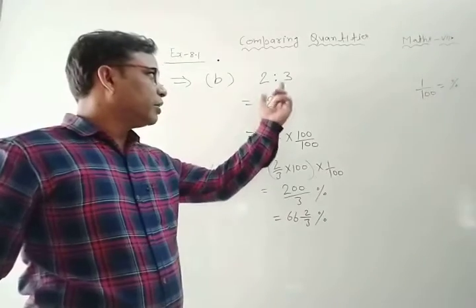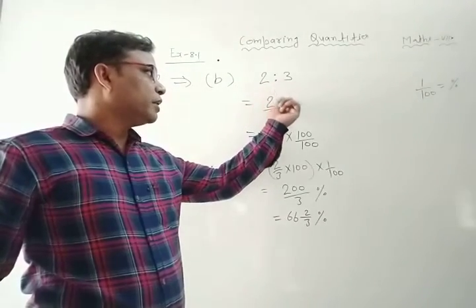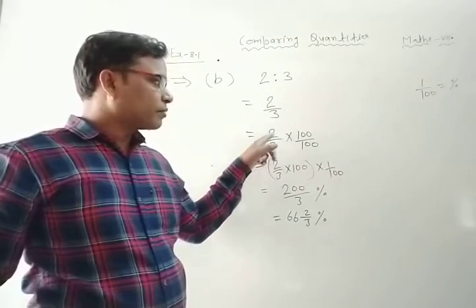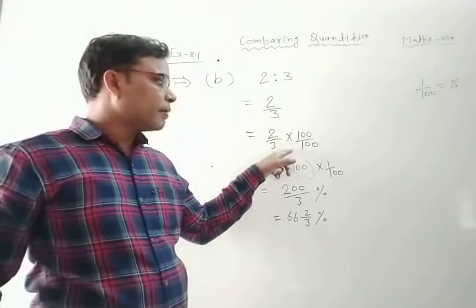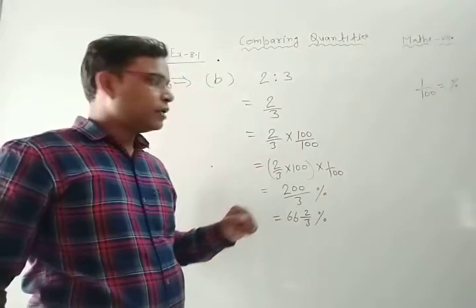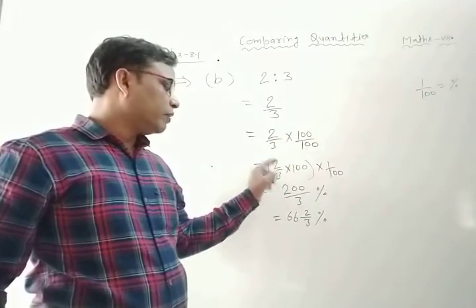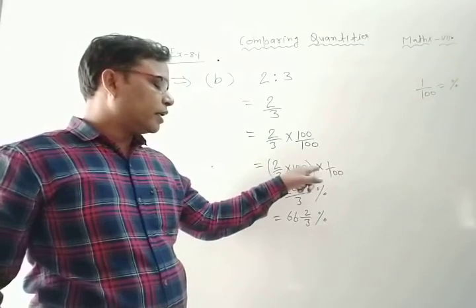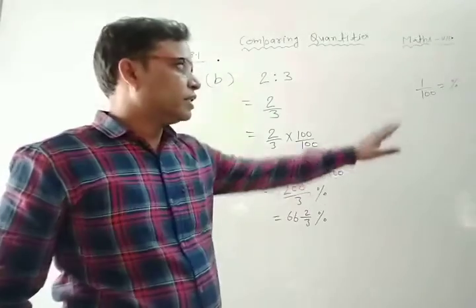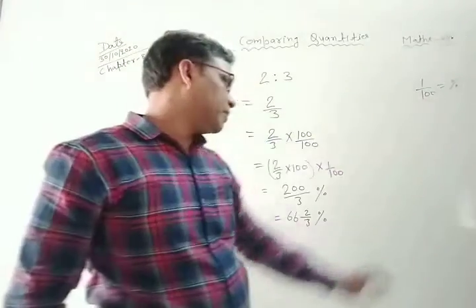For this, first we write 2:3 as 2 by 3 in fraction form. After this we multiply by 100. We write it 2 by 3 into 100, and this into 1 by 100. 1 by 100 is a percentage.